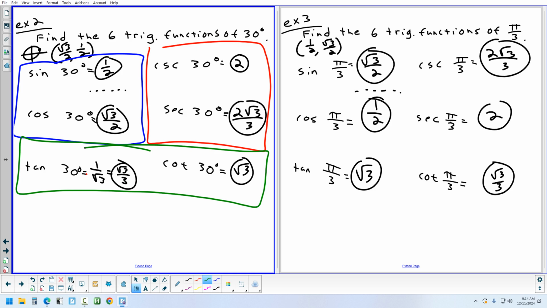Sine, cosine. Tangent, cotangent. Secant, cosecant. That's a little bit different pairing than reciprocals. Reciprocals are straight across from each other. Those, the blue ones, the red ones, and the green box, those are called cofunctions. And we'll talk more about what that means later on. But for now, if you just notice those are the ones that switched places from the problem on the left to the right, that's good.